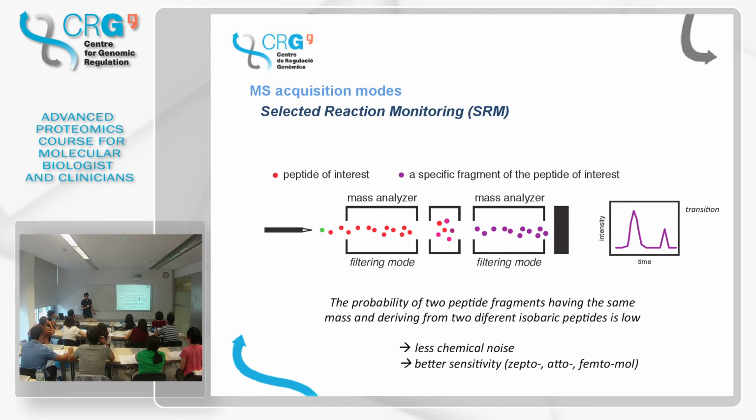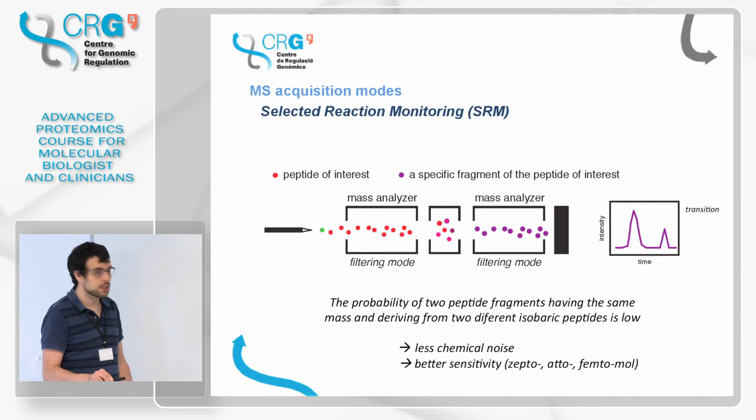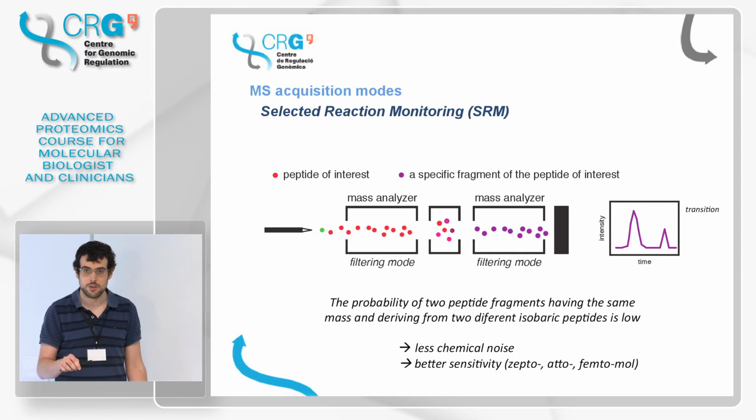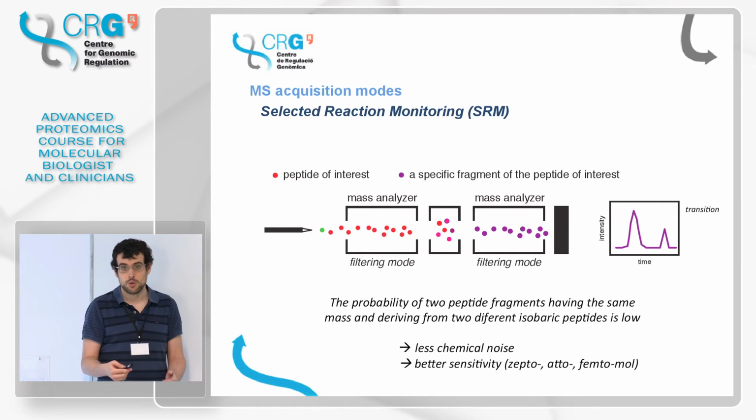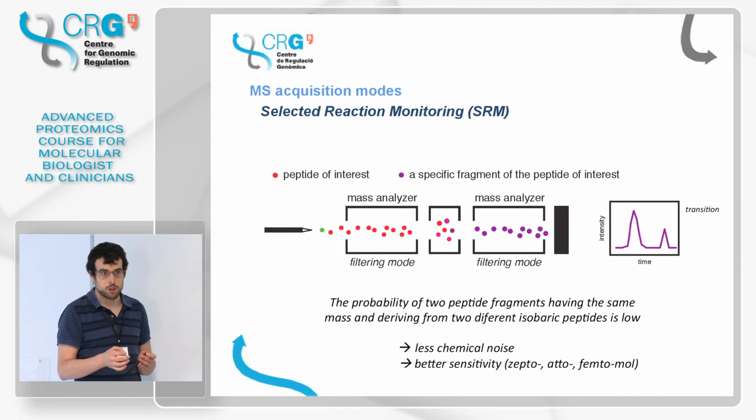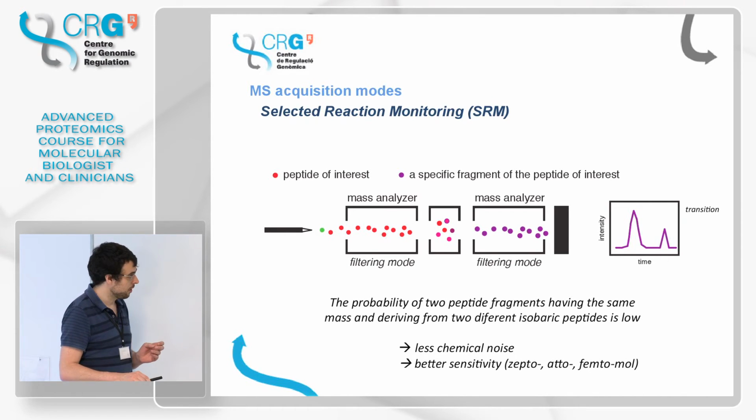Is this clear? This double filtering gives me a better signal to noise ratio and therefore much more sensitivity. And SRM is currently the most sensitive way to quantify specific proteins in specific samples.